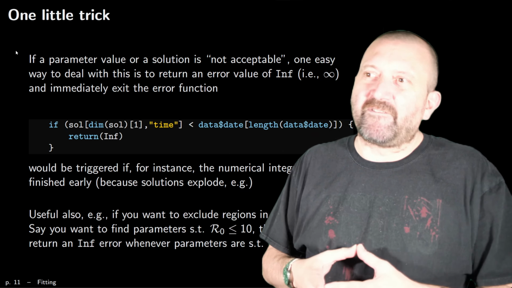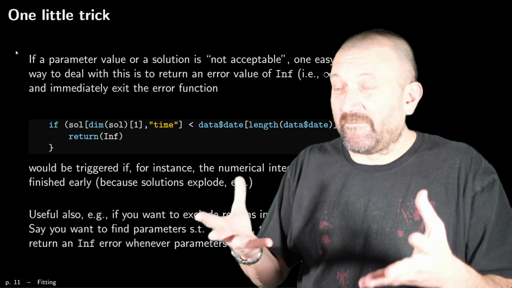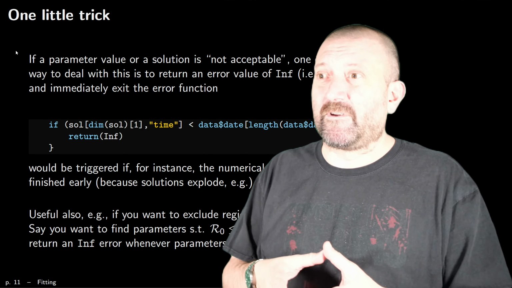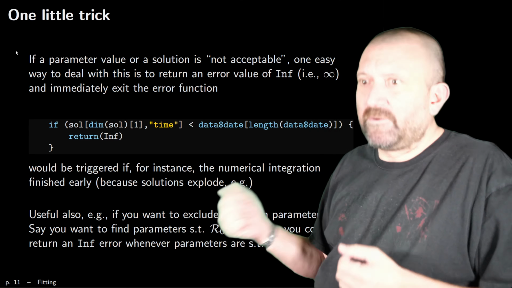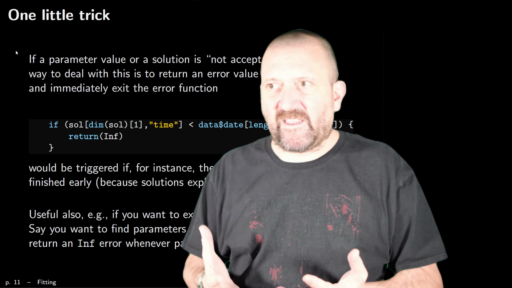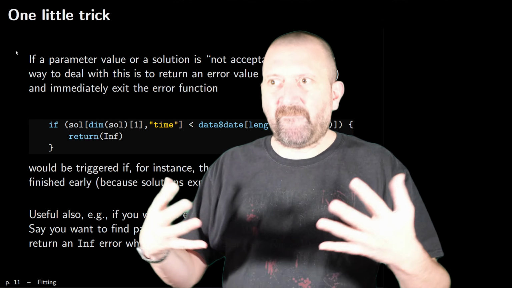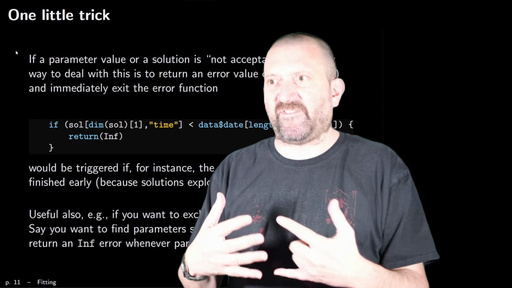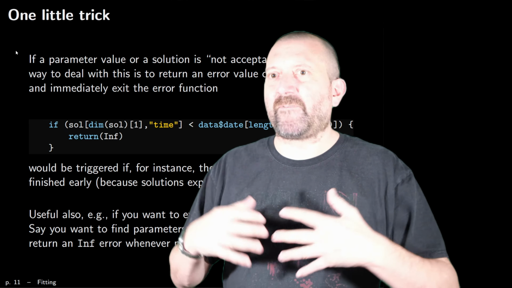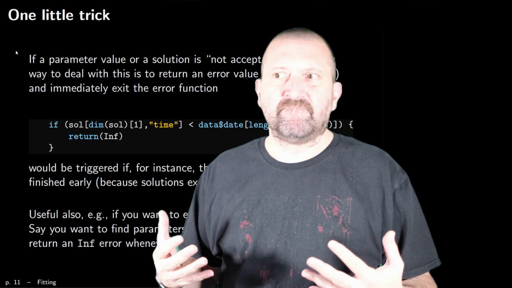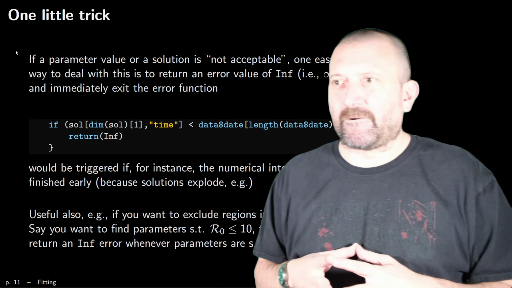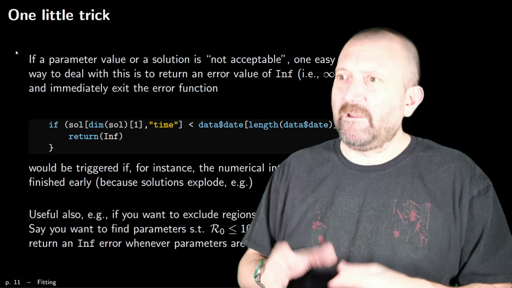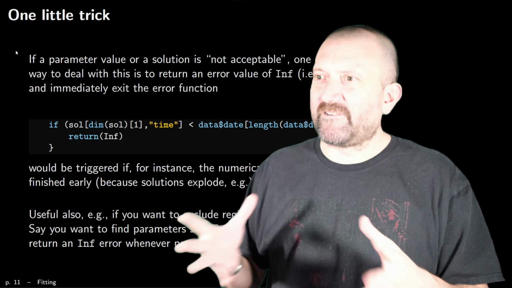I'm not interested in parameter values that would generate an R0 greater than 10. Well, I could create a test and say, if the parameter values that you're testing are such that R0 is larger than 10, then just make an infinite error. So that's a good way of excluding regions in parameter space.